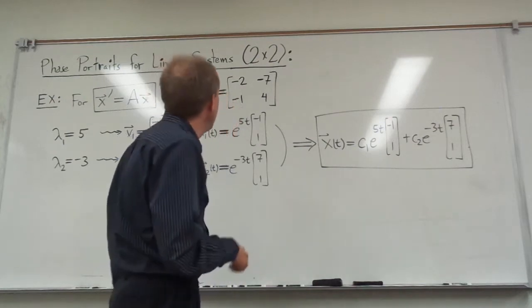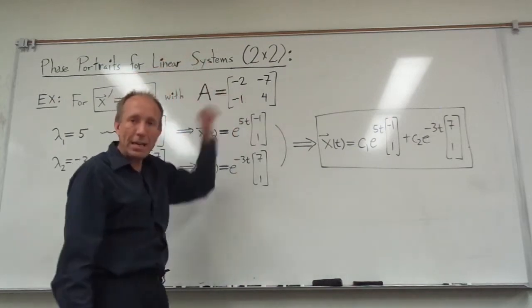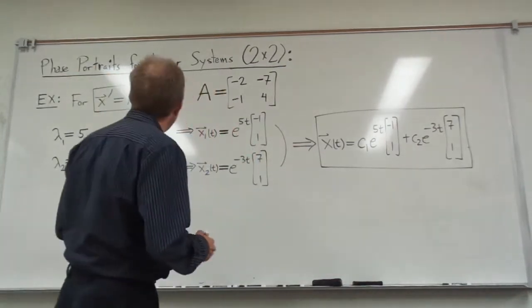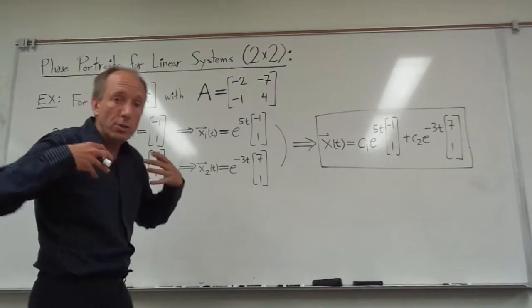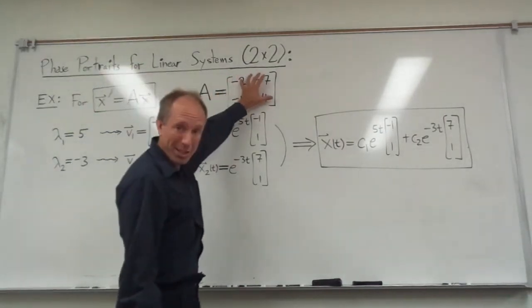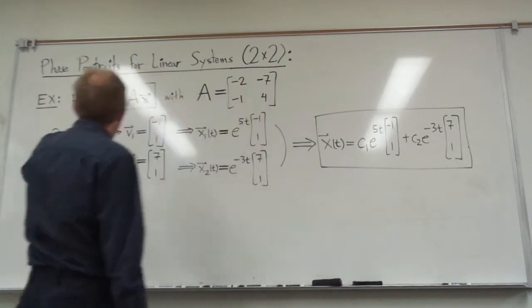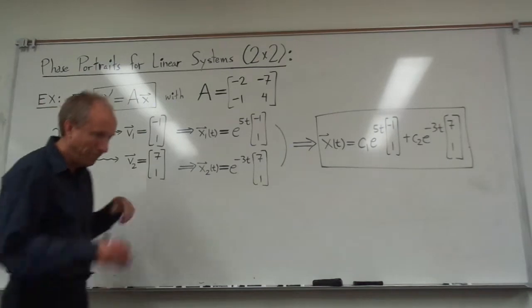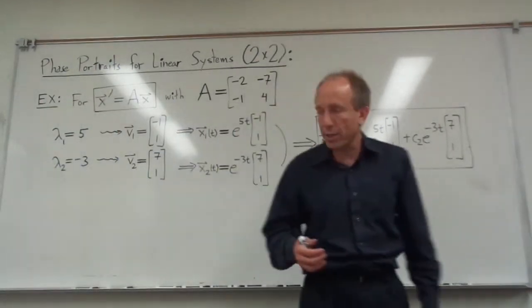Okay? You may recognize the example that I've put on the board here. We did it in class, and it was the very first example really where I solved a linear system for you. Here was my 2x2 matrix, okay? And we found the eigenvalues, which were 5 and -3. It's a non-defective matrix, right?